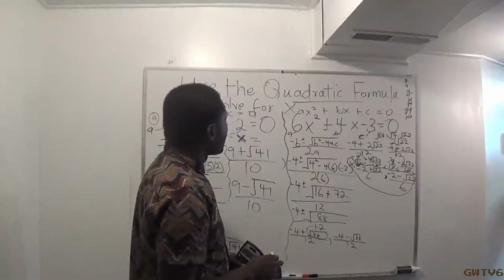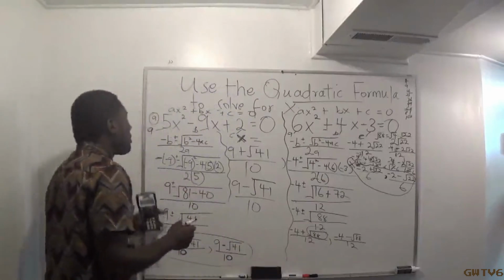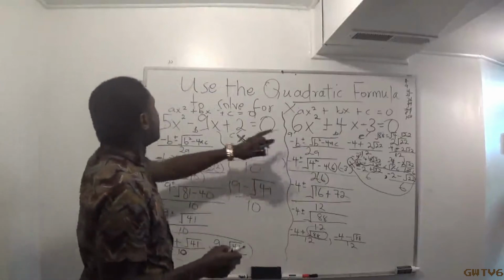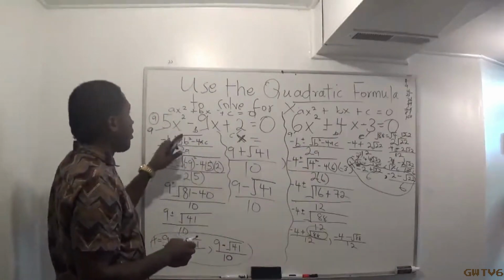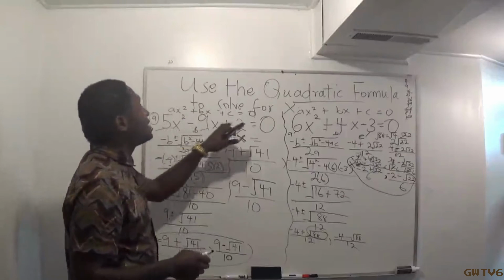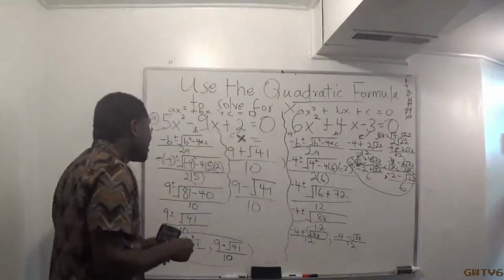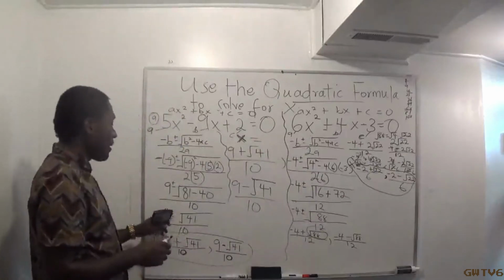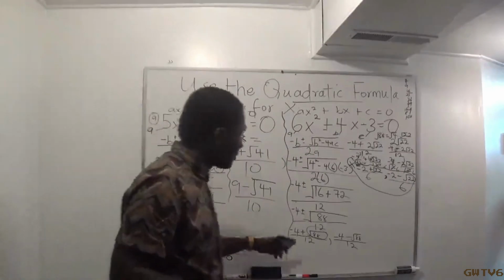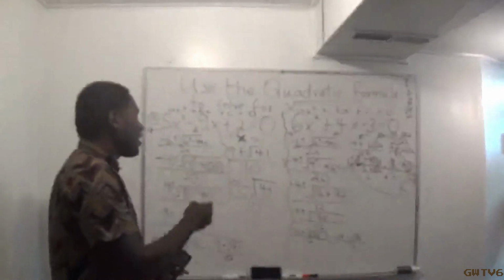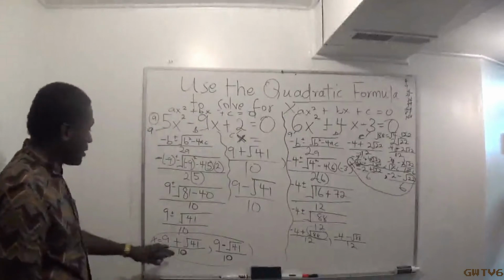Oh, okay. So all I had to do was remember the formula and plug in all the variables. The first one is A, B, C. Plug it in. And then when I get to this part right here, it's a plus or minus. I split it like I did, and then try to see if I can still simplify it. Here I couldn't.